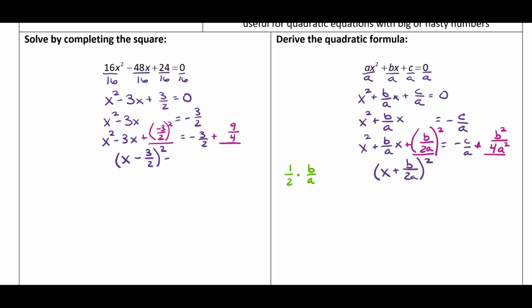Now, over here on the numbers problem, we have to combine negative 3/2 plus 9/4. Now, if you'll recall from your fraction rules, that means we have to get the same denominators to add these. So 2 and 4, the common denominator would be 4. Okay, so 9/4 is just 9/4.